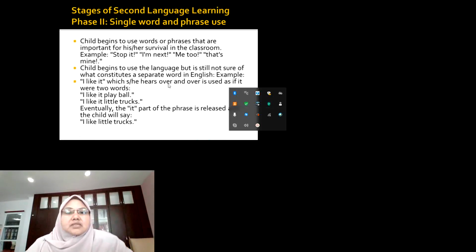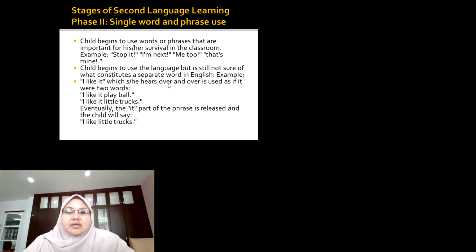The child begins to use the language but is still not sure of what constitutes a separate word in English. For example, the phrase "I like it," which he or she hears over and over, as if it were one word. So "I like it" is three different words, but if they have been hearing the phrase many times, they will say "I like it play ball," "I like it little trucks," which is not in the right form.